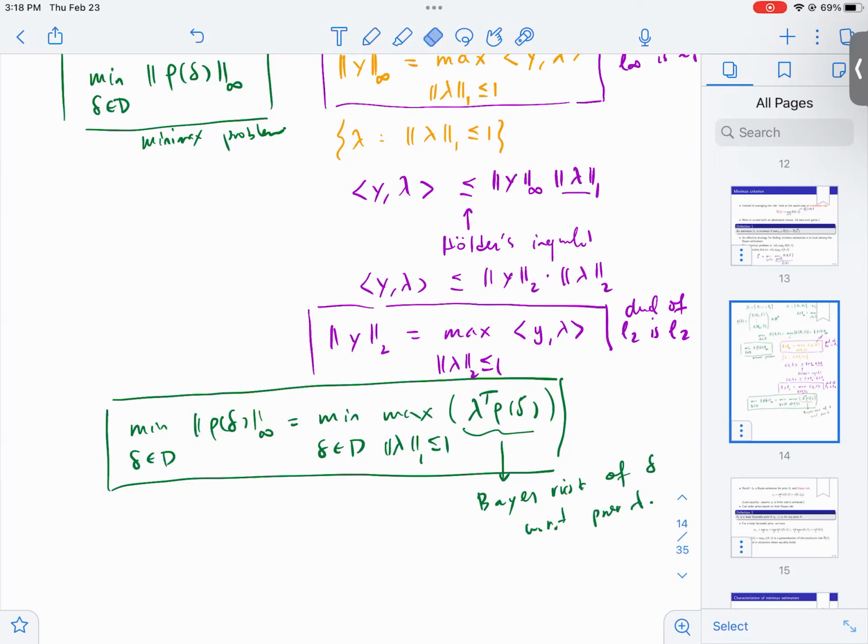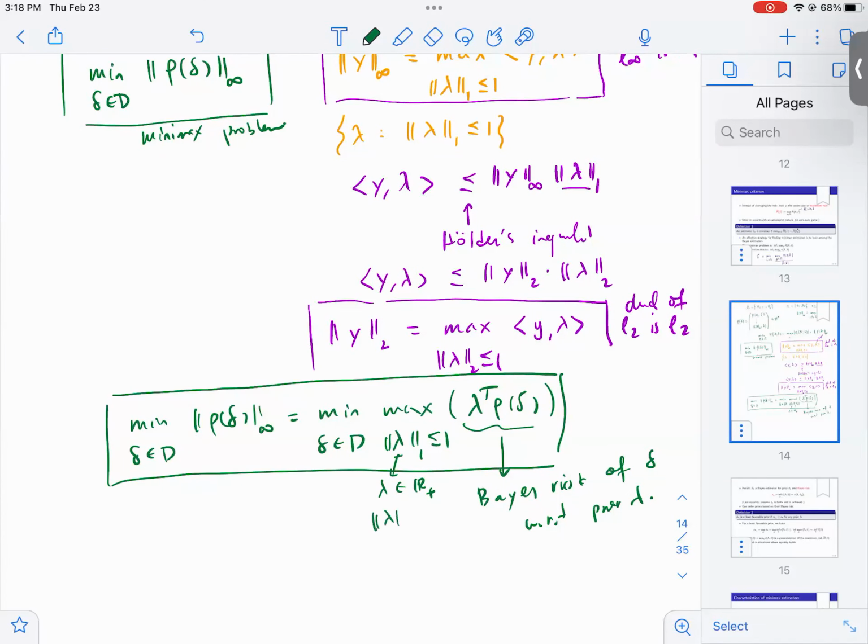There's a little bit of an idea here: because the risk is positive, I can replace lambda with a lambda which has positive coordinates. So I just need to consider lambdas that are in R plus, and also only consider the ones whose norm is equal to 1. But if you argue this for yourself, the maximum over the L1 ball is achieved over really the probability vectors.